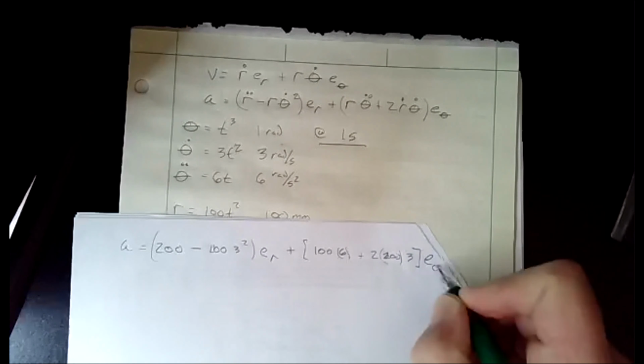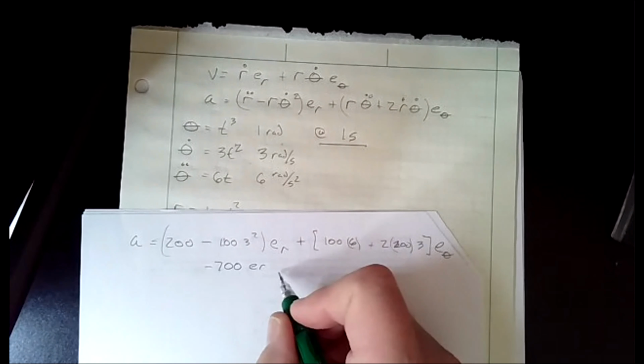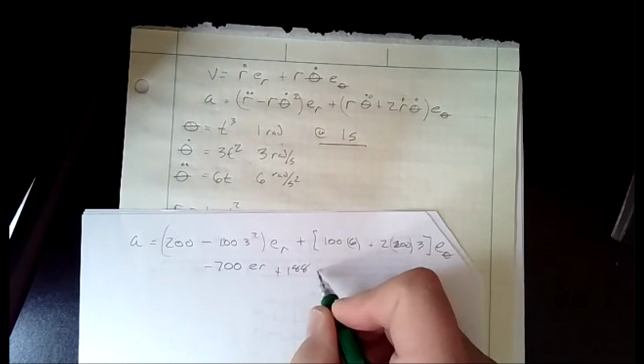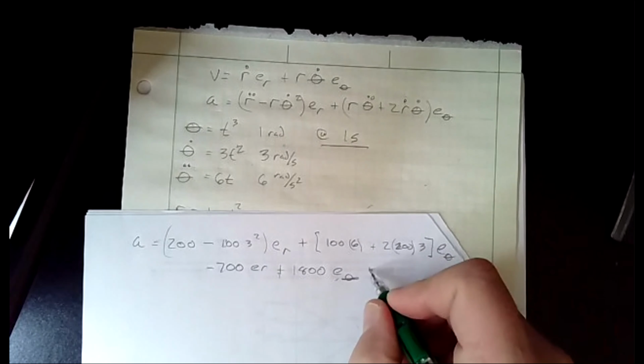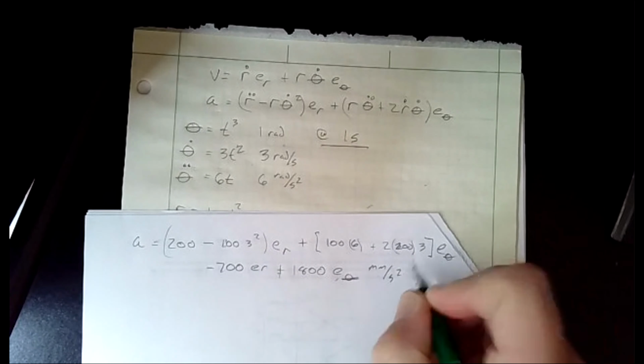So we simplify, we get essentially negative 700 E R plus 1800 E theta. And that's in millimeters per second squared.